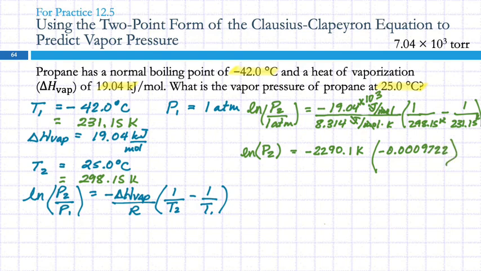And so we multiply those numbers together, and we get that the natural log of P2 is equal to 2.226. Well, let's stick one more digit on it, 2.2264.